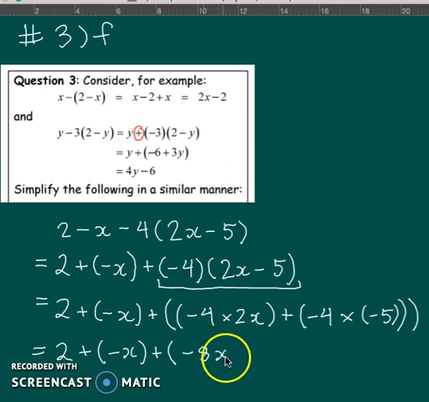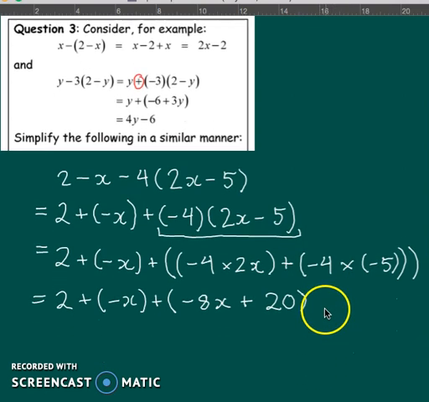And now I'm adding that to what we had in the other set of brackets here. Negative 4 times negative 5, well, I know that a negative times a negative makes a positive, so that's going to be 20. So I can just put 20 because it's positive here. And I'll close those brackets.